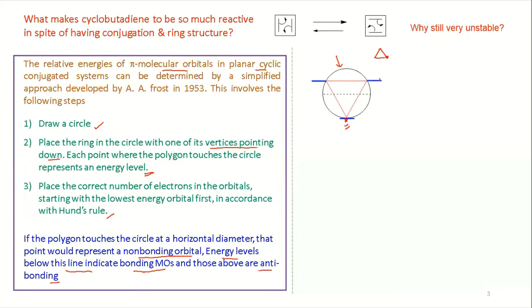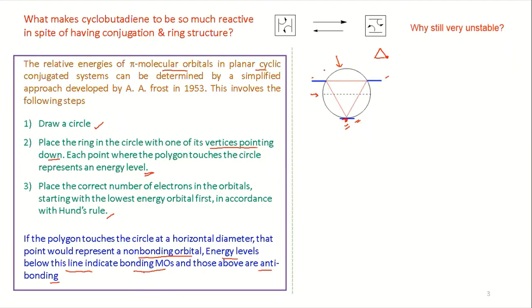So for the cyclopropane system, you have one here, one here, and one here. And this is your horizontal line. Now, if you look at this particular energy level, it is below this horizontal line, so we call it bonding.